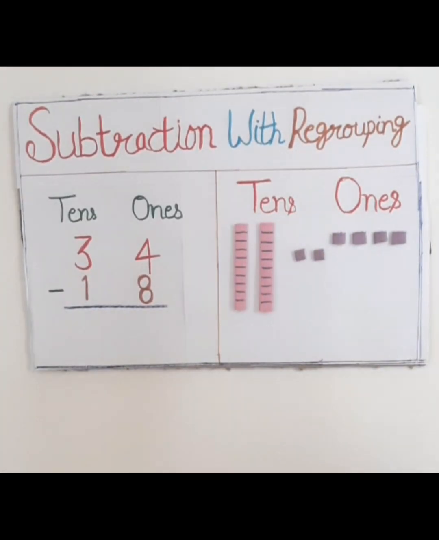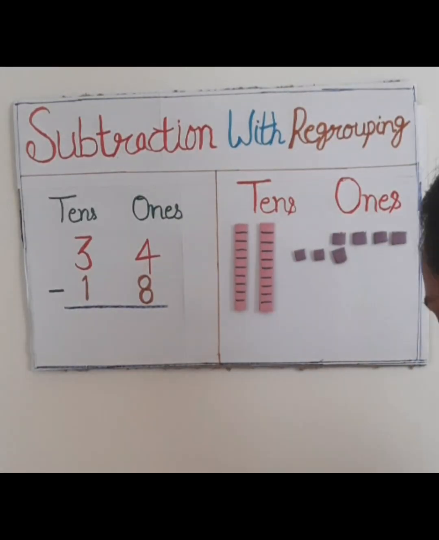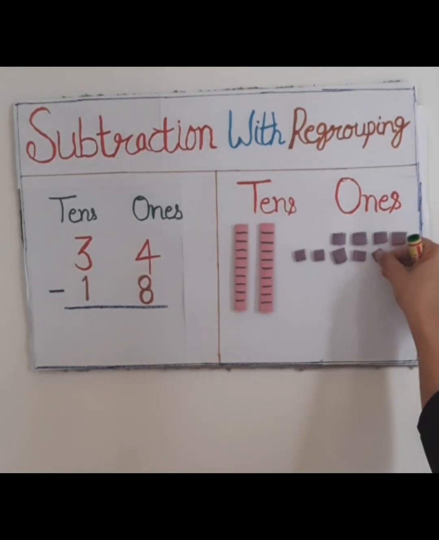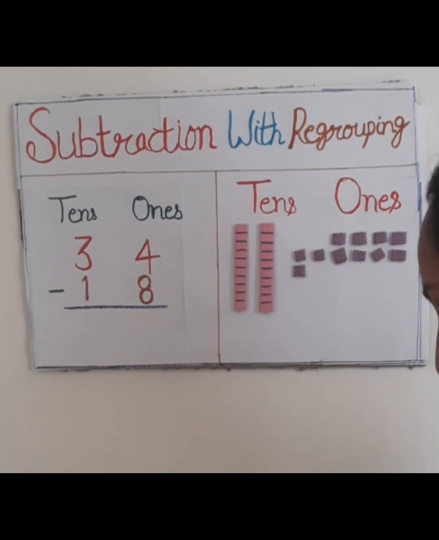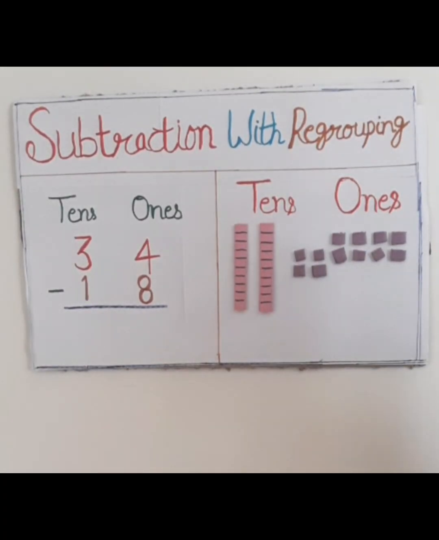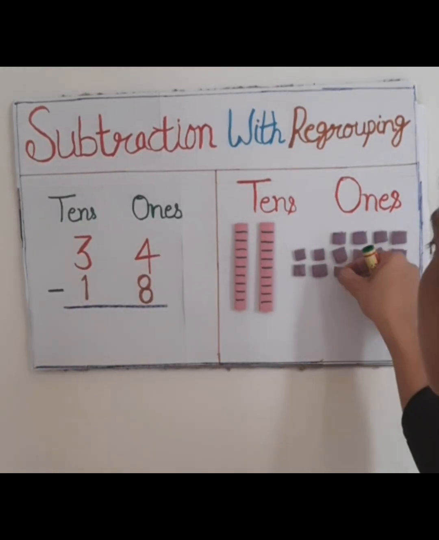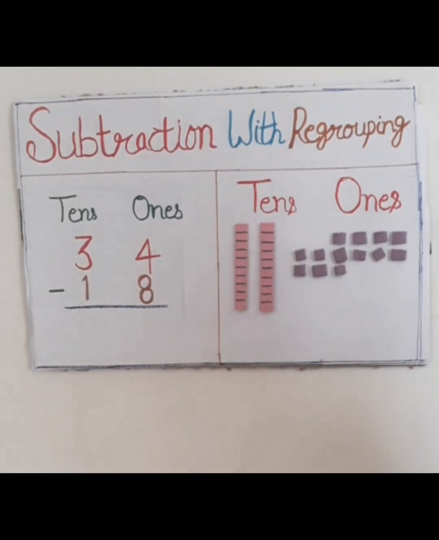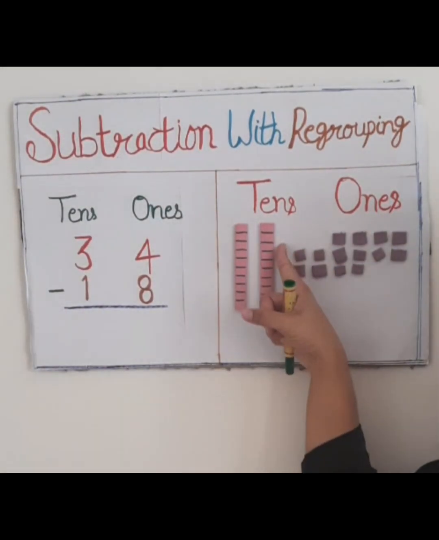Okay. 1, 2, 3, 4, 5, 6, 7, 8, 9, just wait, and 10. Okay.